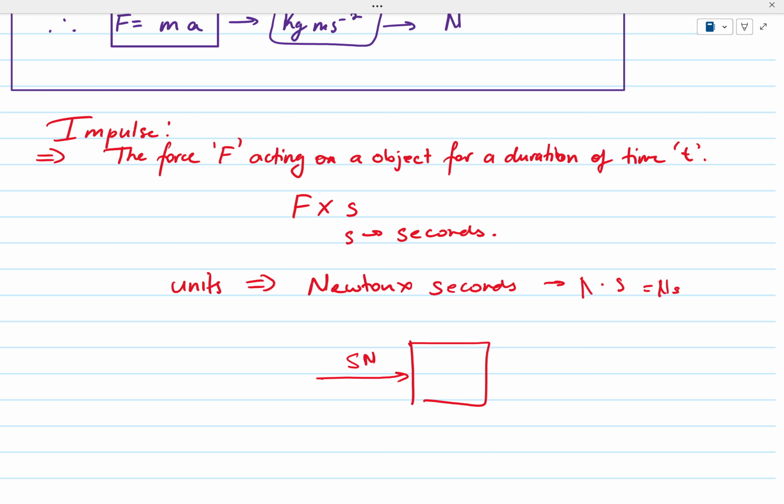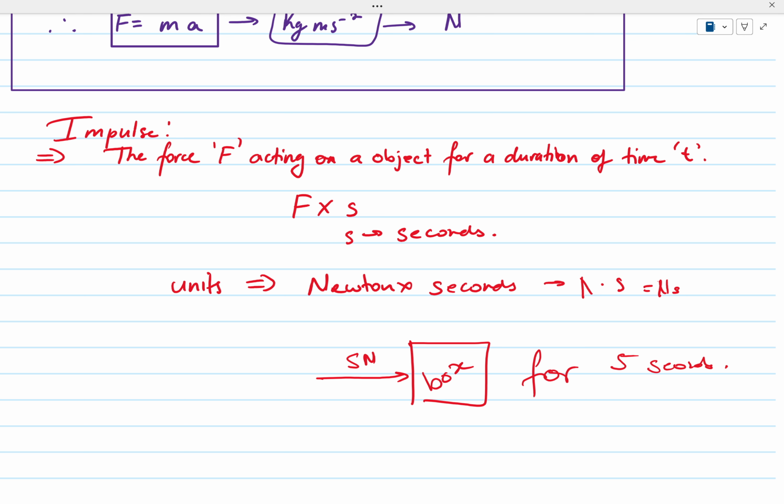So the force acting on the object over a period of time. We exerted a force of 5 newtons on this box for, let's say, 5 seconds. So it's just how much time we spent exerting that force on the box, times the force that we exerted on the box.